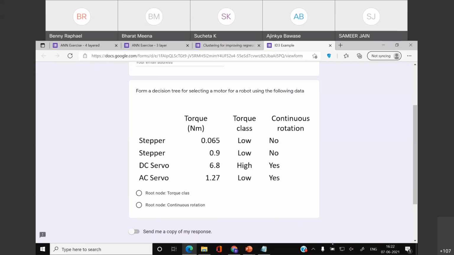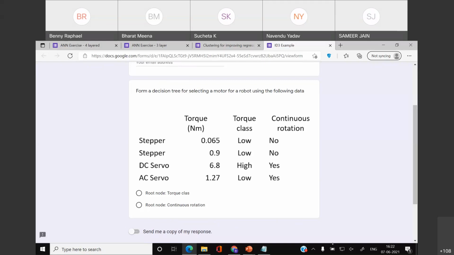So we have two parameters: whether it can rotate continuously and what is the torque. Torque is important for us because for a particular robot, we know what torque is required. So you need to select an appropriate motor which can take the torque.